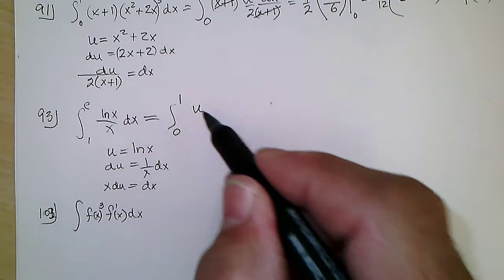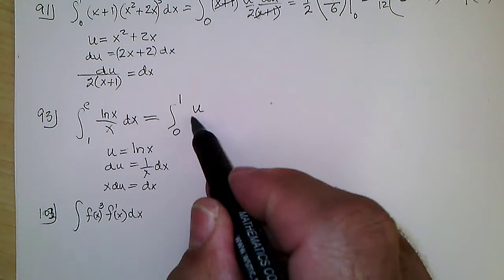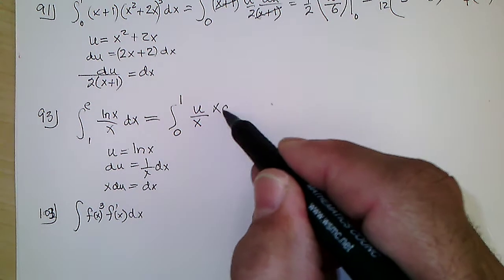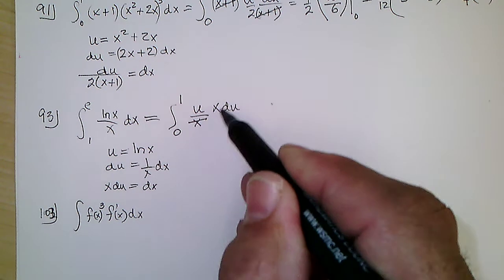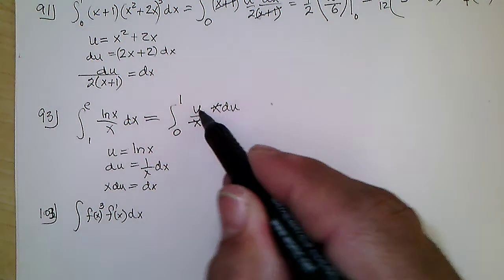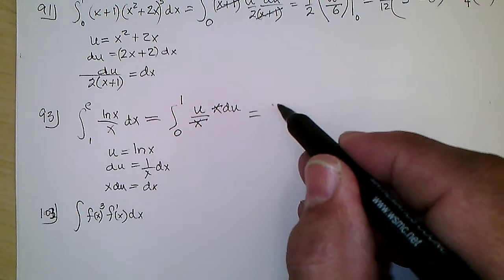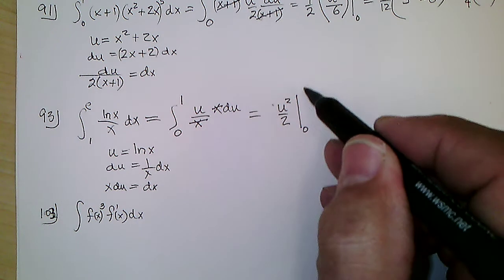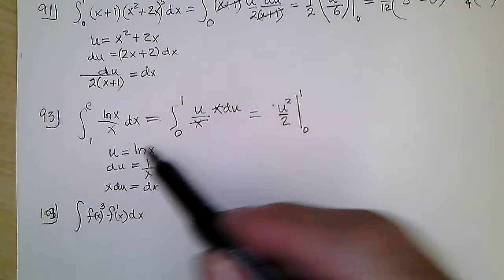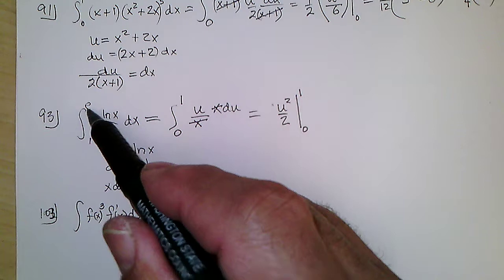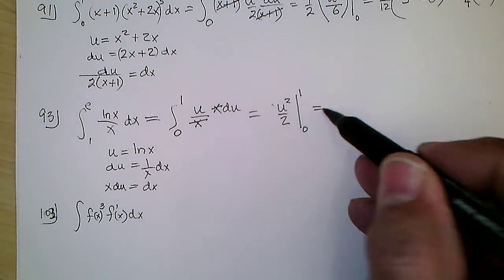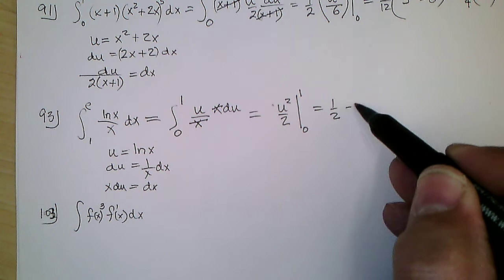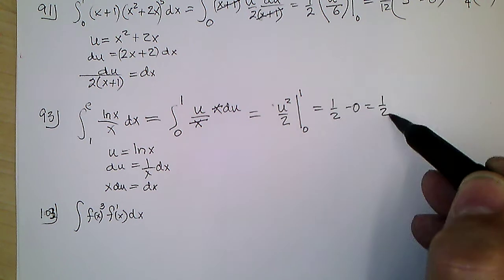And we have u for the ln x over x, and dx is x du. The x's cancel. The integral of u is u squared over 2. Evaluate that from 0 to 1, or put ln x back in and go from 1 to e. But anyway, this becomes 1/2 minus 0, which is 1/2.